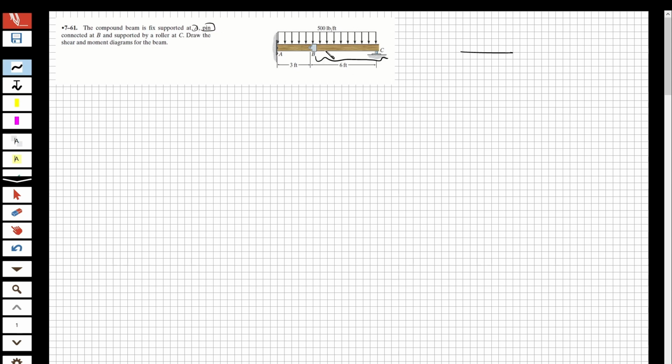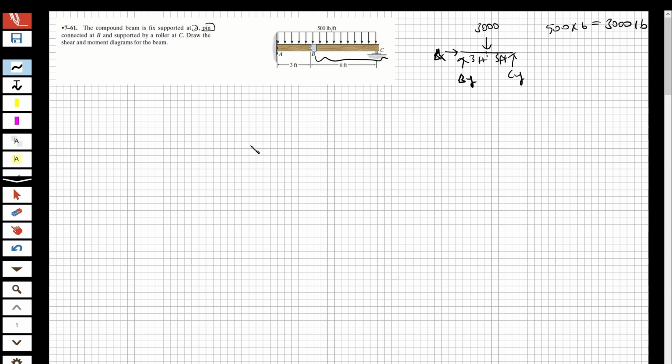So if it is B pin, we have two forces, one is BX, one is BY. And for C, we have here a CY. And if we have a distributed load, I'm going to convert it to the point load. It's going to be 3,000 pound. Okay, this is 3,000 pound, and we have here 3 feet, 3 feet.